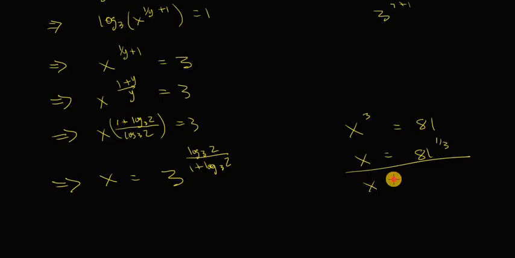If x squared is equal to 100, probably a nicer example, x is equal to the square root of 100, which is 100 to the power of a half. So what I do is I get the inverse of a third and the inverse of a half. So I got the inverse here as well, or the reciprocal actually, not the inverse, the reciprocal. So when I plug that into my calculator, I get x is equal to 1.53.